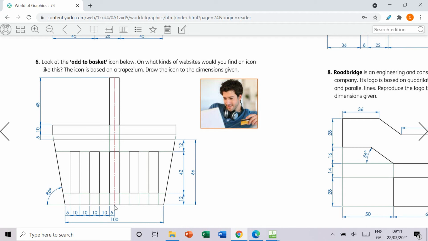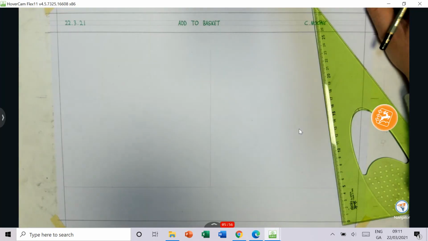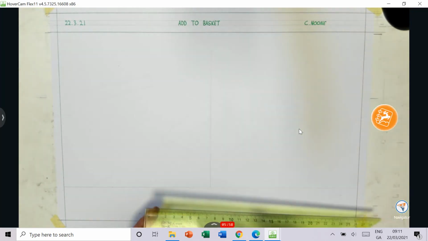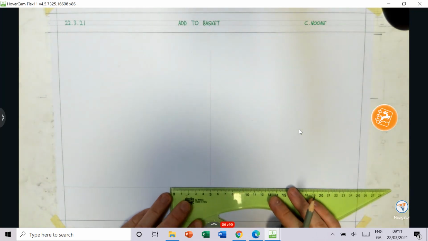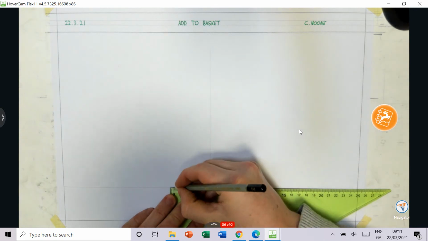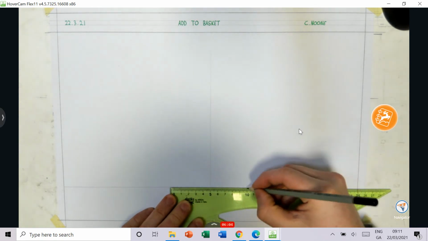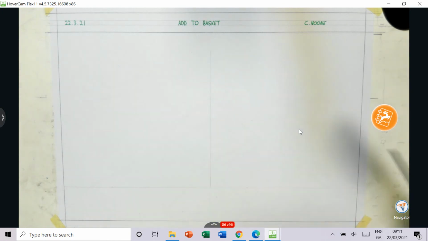Okay, so I'm going to measure 50 mil to the left, and then I'm going to measure 50 mil to the right. I'm going to mark both of them points, and I'm going to draw a firm line along the bottom.